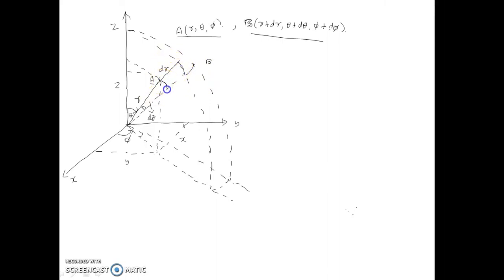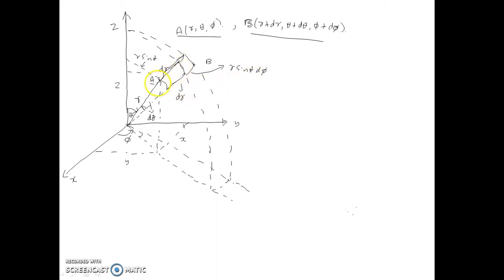We can see that we will obtain a differential volume element something like this, and this side is dr, and this side is r sin theta, so this is r sin theta d phi.